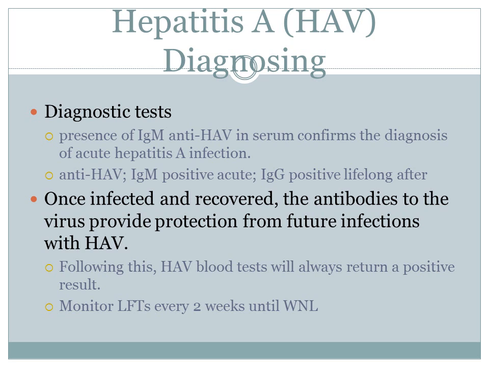Once infected and recovered, the antibodies to the virus then provide protection for future infections with any hepatitis A virus exposure. Oftentimes we'll monitor LFTs every 2 weeks until they are within normal limits.